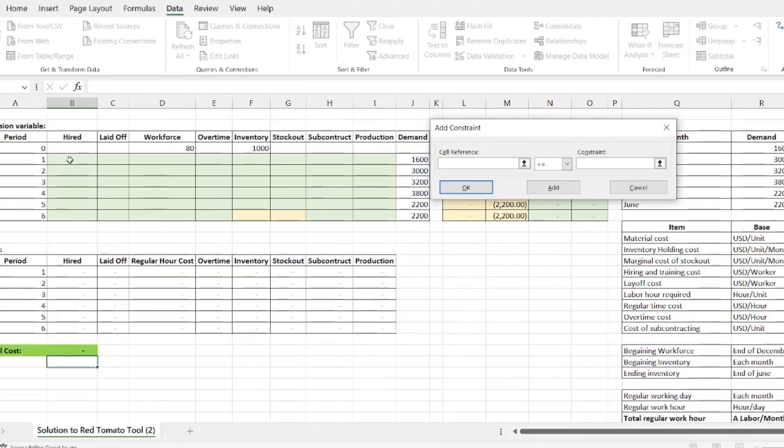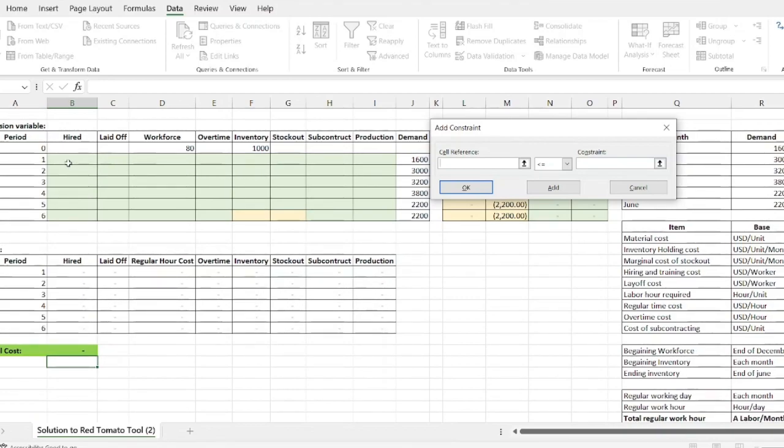Now you see all these things: workforce, overtime, everything can be in decimal numbers also, because maybe I have produced half of one unit. So it can be in decimal numbers.